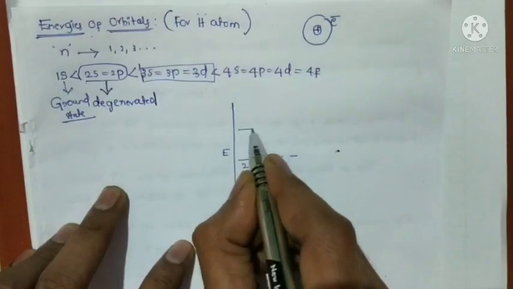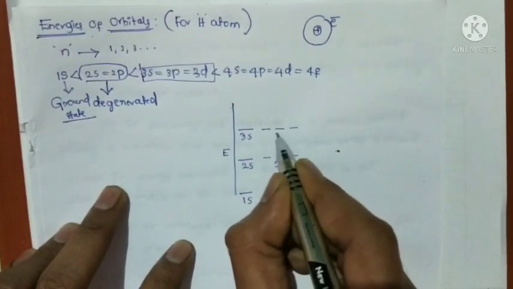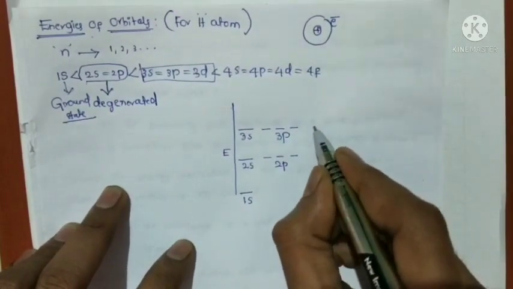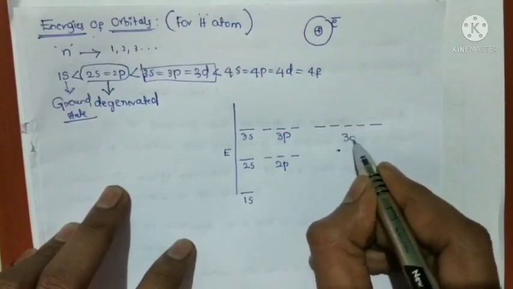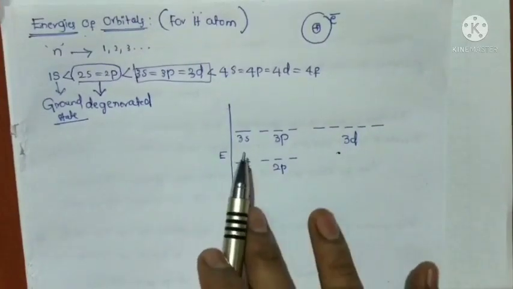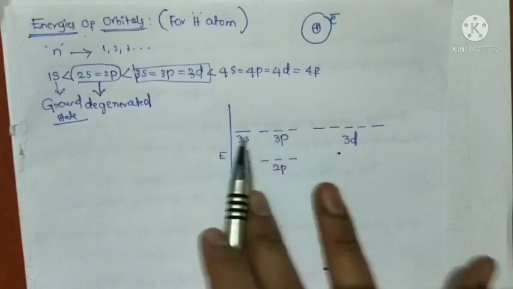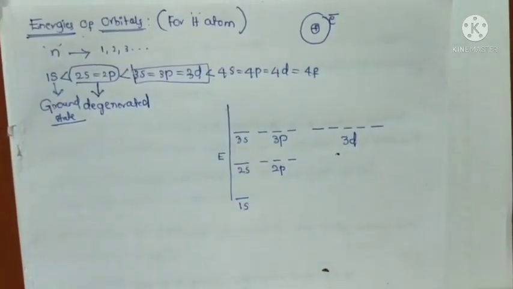Here is the 3s orbital, then 1, 2, 3 orbitals, that is the 3p orbitals, and 1, 2, 3, 4, 5, here the five 3d orbitals. So all orbitals in the same shell have different azimuthal quantum numbers but the same energies. This is applicable for the hydrogen atom only.